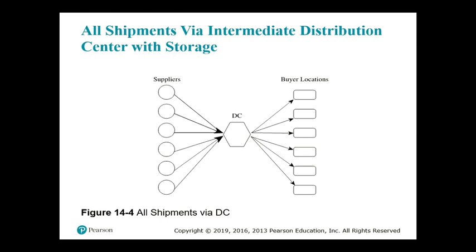So here, the suppliers will send their shipments to the central DC, and this DC will store these shipments until they're actually requested by the buyers, and then the DC will ship to each buyer's location separately. So, what is the advantage of this one?